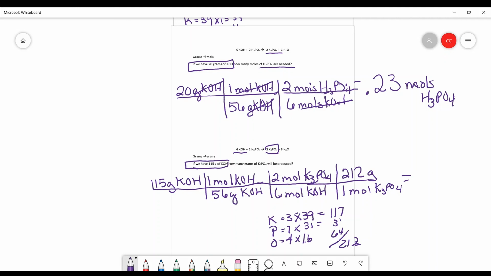Again, if we go through and follow, grams of KOH cancel out here, moles of KOH cancel out here, and moles of K3PO4 cancel out here. And so we wind up with 145 grams of K3PO4.